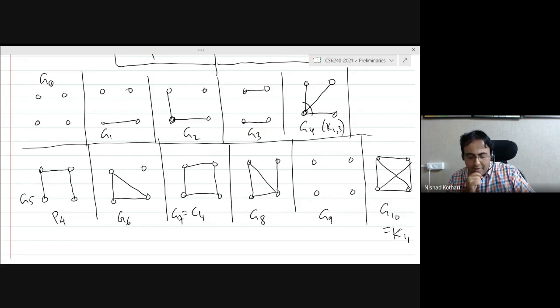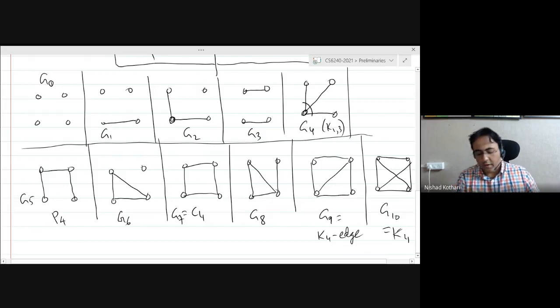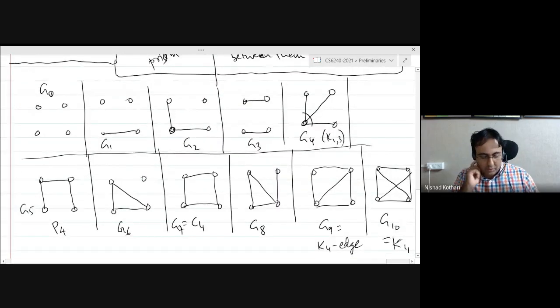Well, if you have one less edge, it's just removing one edge from K4. And K4 is very symmetric. So removing one edge, no matter what edge you choose, is going to give you exactly one graph. And that gives you this graph, K4 minus one edge.